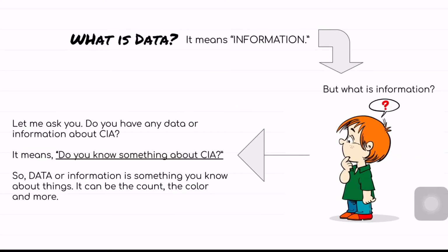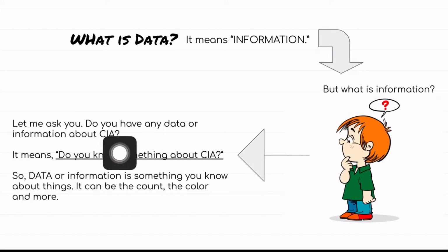Another word that I'm going to use is data. And your question is, what is data? It means information. Every time I say the word data, I want you to think of the word information. But some of you would ask, but what is information, teacher? Let me ask you, do you have any data or information about CIA?